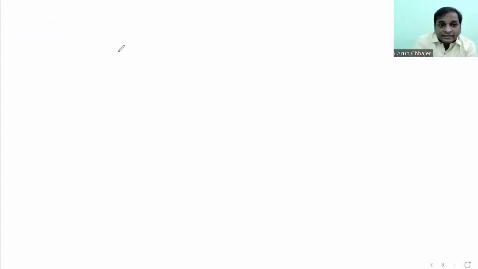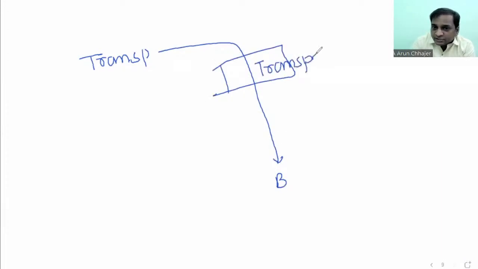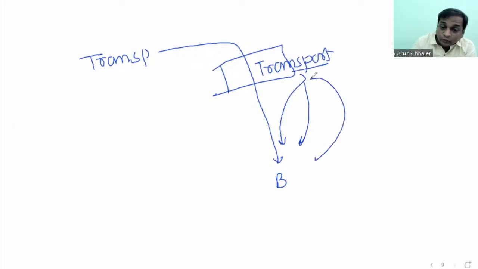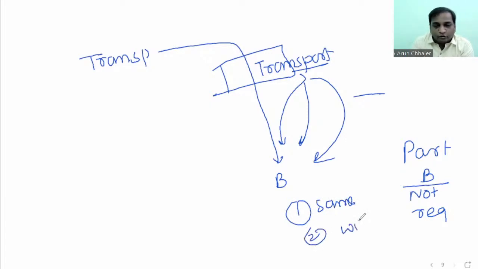Now see, the transporter has to deliver the goods to B, but first he has delivered the goods to the main transport location, and then the vehicle is changed. In that case also, Part B is not required to be updated, if the states are same and the distance is within 50 kilometers.